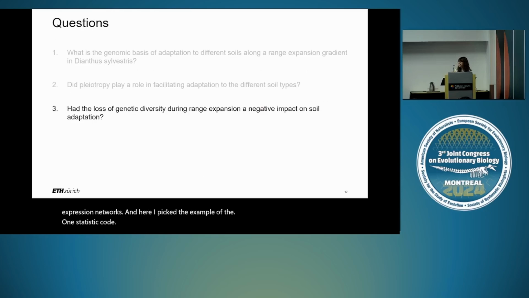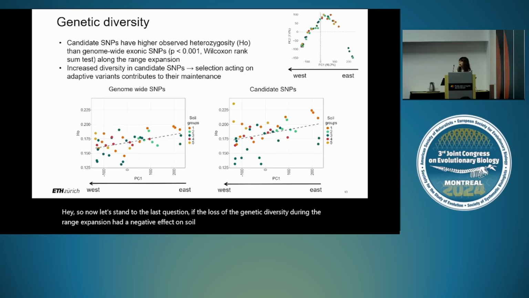Here I picked the example of one statistic, node degree. Okay, so now let's turn to the last question: if the loss of genetic diversity during the range expansion had a negative effect on soil adaptation. We explored the genetic diversity of our populations for two categories of SNPs, candidate SNPs and genome-wide SNPs.